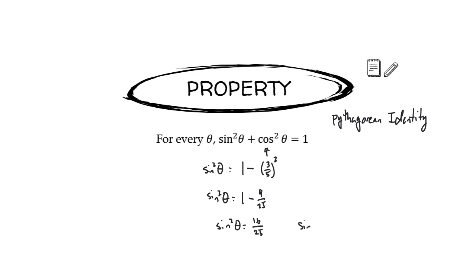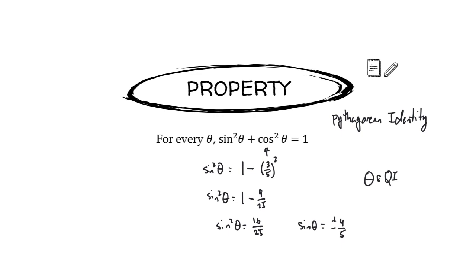And of course, that tells me that sine is equal to plus or minus 4/5. And that shows us why it was important for us to know that theta initially was in quadrant 1. That's how I know that the positive 4/5 was the sine ratio that I was after.